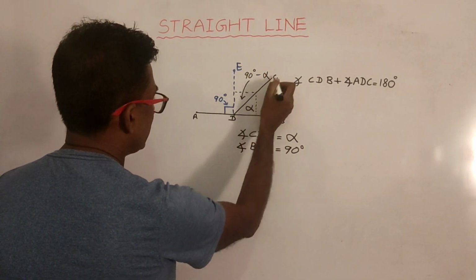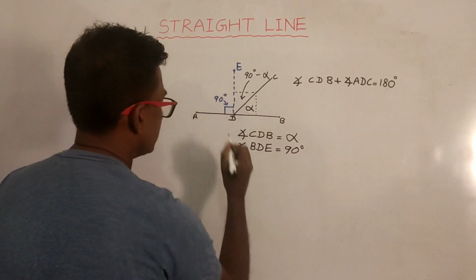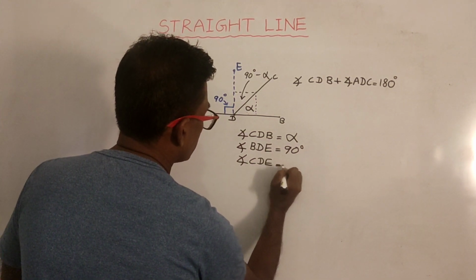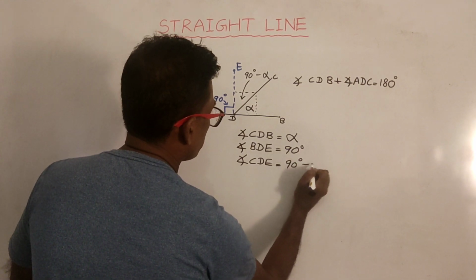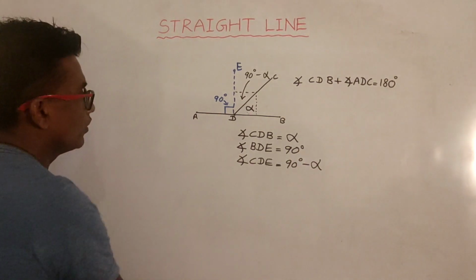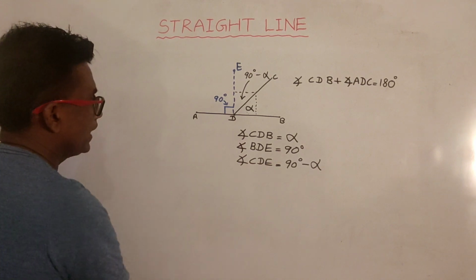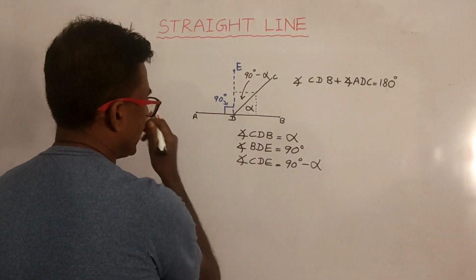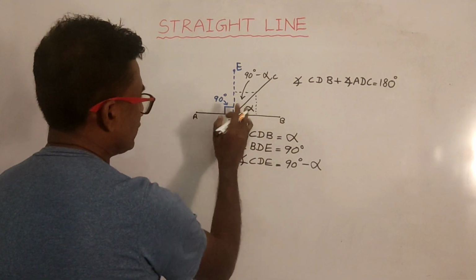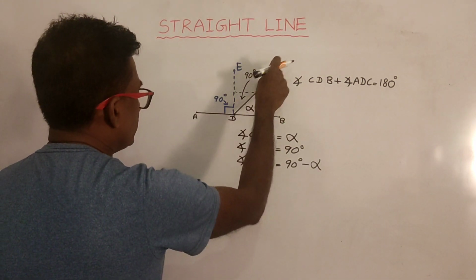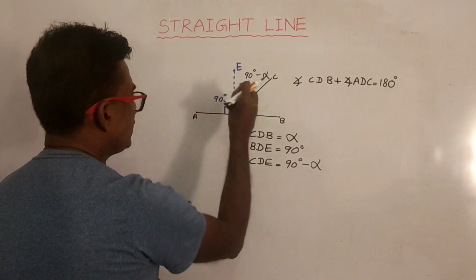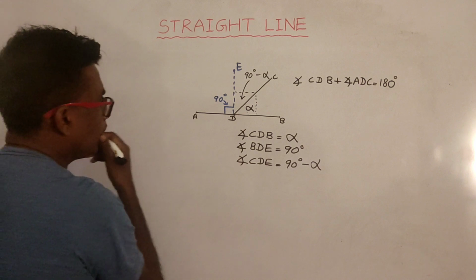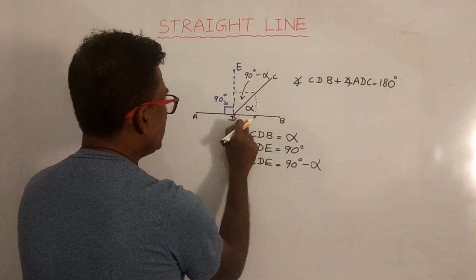So angle CDE is 90 degrees minus alpha. Again I repeat, because angle BDE is 90 degrees and angle CDB is alpha, angle CDE must be 90 degrees minus alpha.